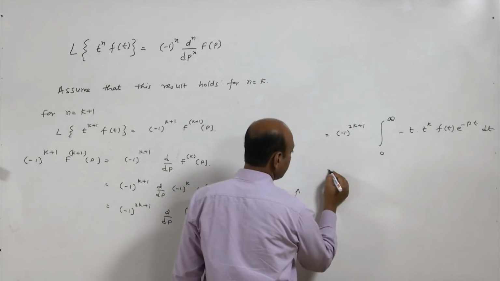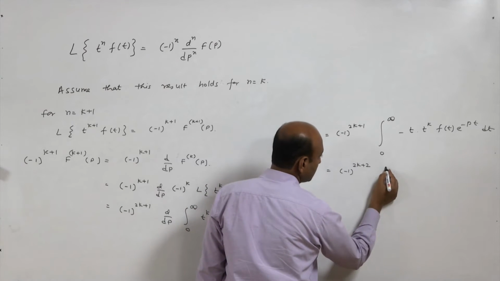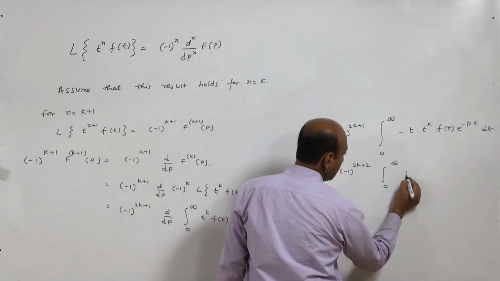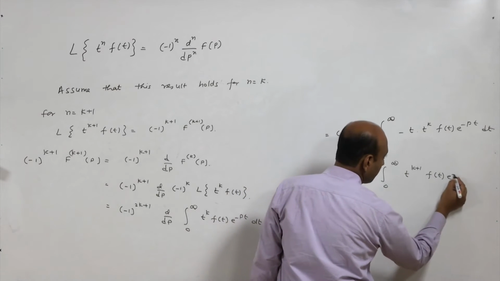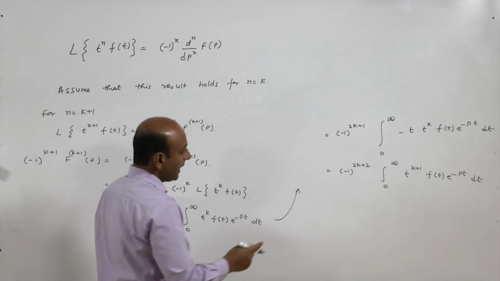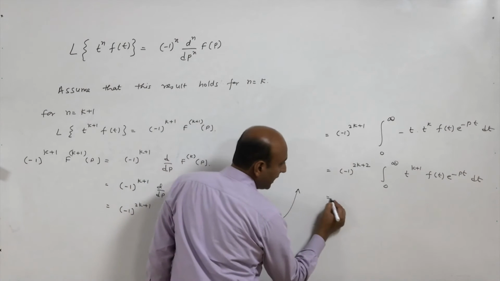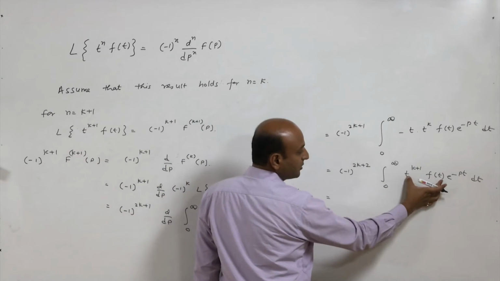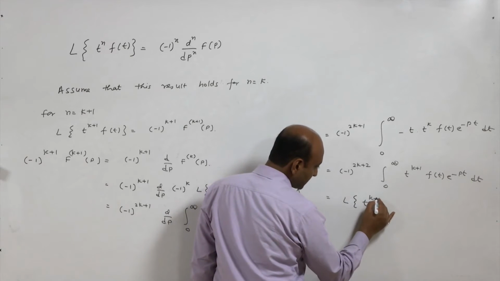So, this is nothing but (-1)^(2k+2) times the integral from 0 to infinity of t^(k+1) f(t) e^(-pt) dt, and this, having an even power, will be plus 1, and this is nothing but the Laplace transform of t^(k+1) f(t).